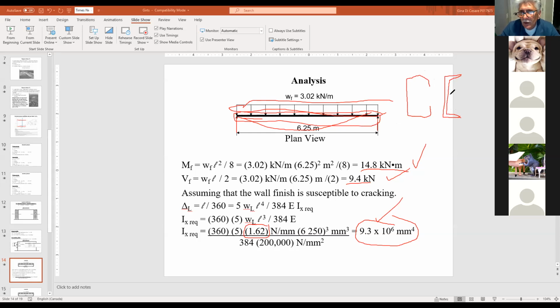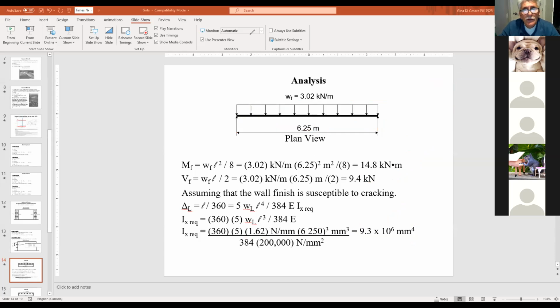And of course, these channels have a strong axis, and you put that in the direction of the wind. So these things will be placed like this, because the wind is acting this way, and that's how you place the channels.